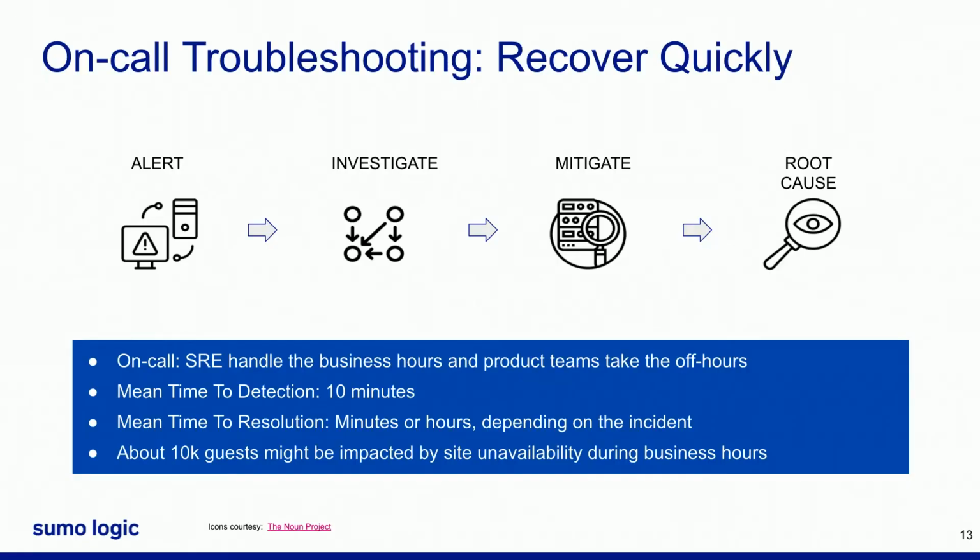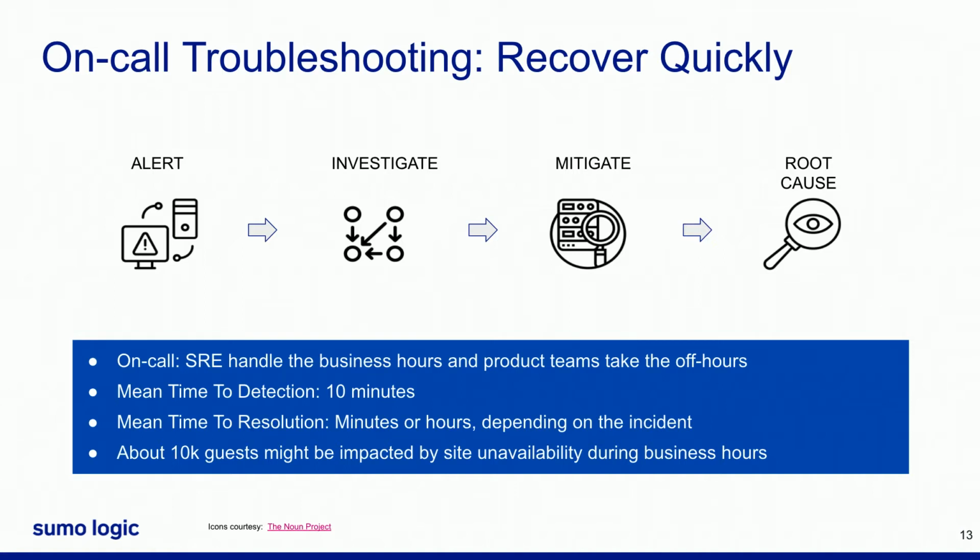We'll jump in, start using our observability tools to figure out what the guest impact is and what the problem is. Once we've identified the problem, we move into mitigation, which could be rolling back some code, rolling forward with a fix, or, in the event of a vendor issue, waiting.